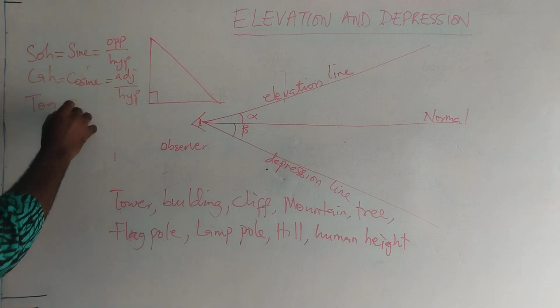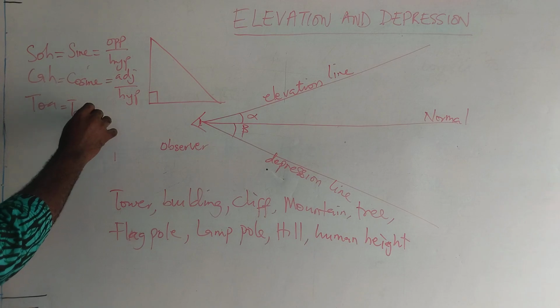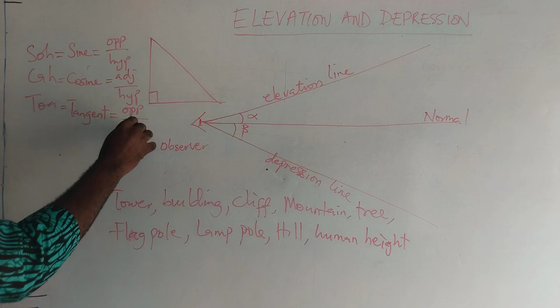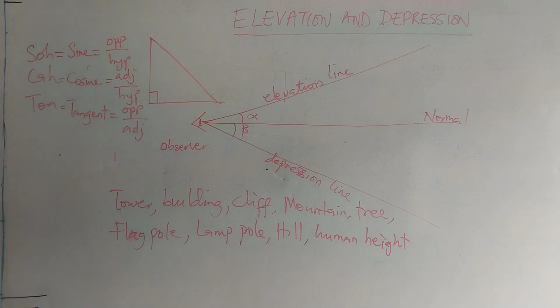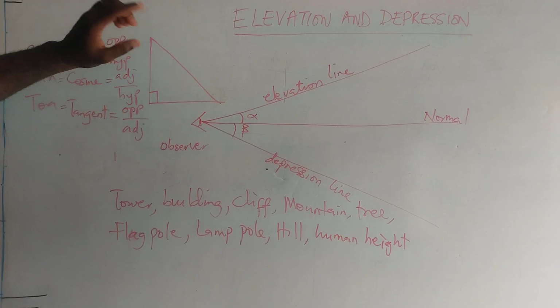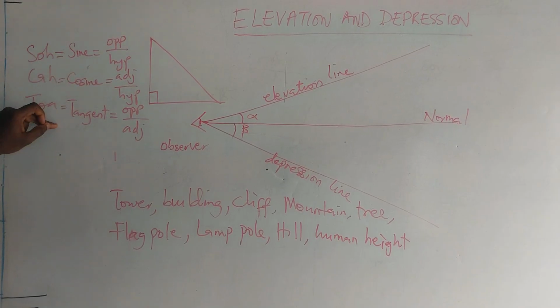Then T stands for tangent, which is opposite over adjacent. That's what we use to do the calculations. By the time you draw your sketch and arrive at a triangle, you are supposed to use any of these based on what we are looking for.